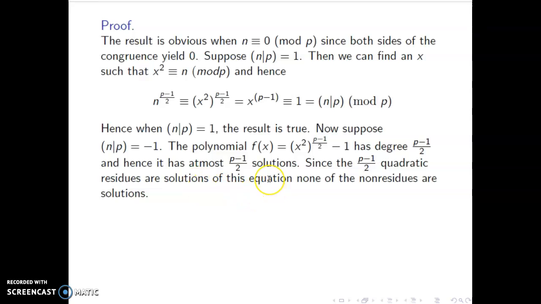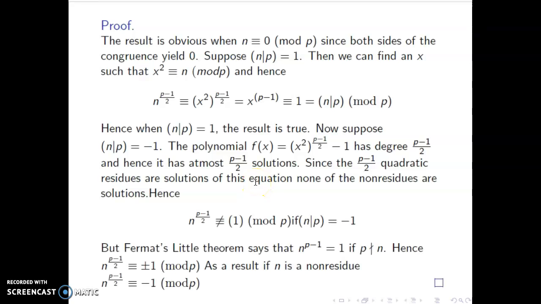So we've already got our (P minus 1)/2 solutions, and hence nothing else can be a solution. Therefore, none of the non-residues are solutions. Hence, n raised to (P minus 1)/2 is not congruent to 1 mod P if (n/P) is equal to minus 1.